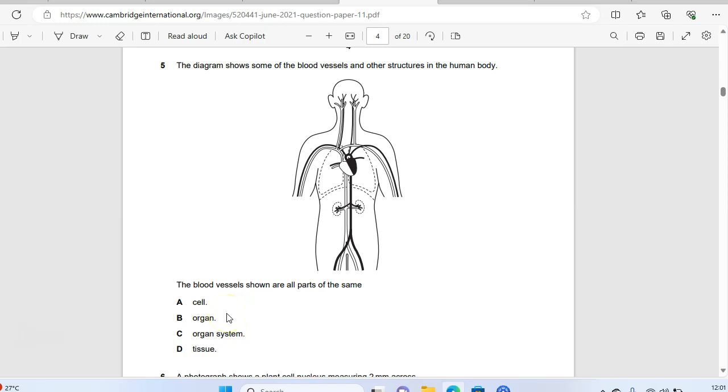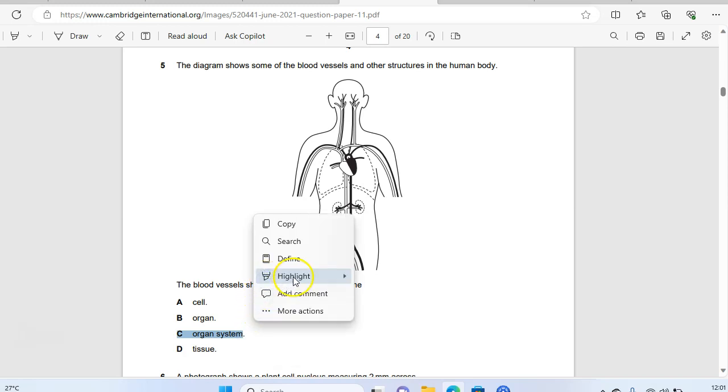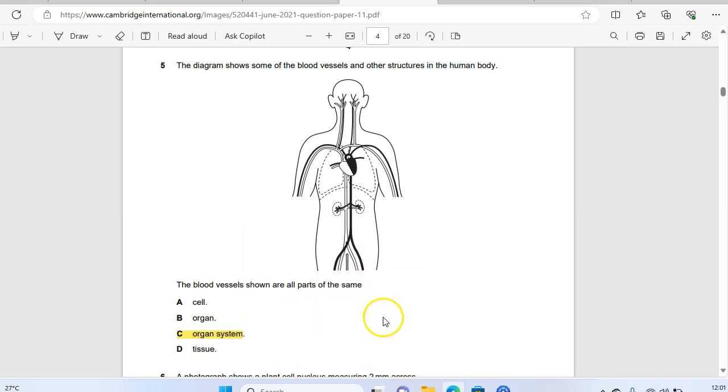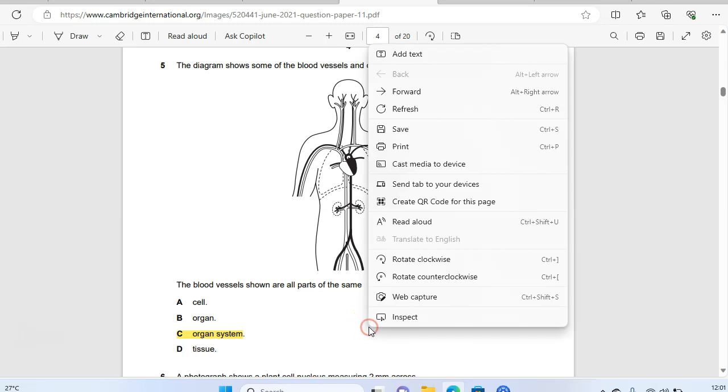Organ? No, it can't be. Organ system, yes. Blood vessels are part of the circulatory system. The answer is the circulatory system.